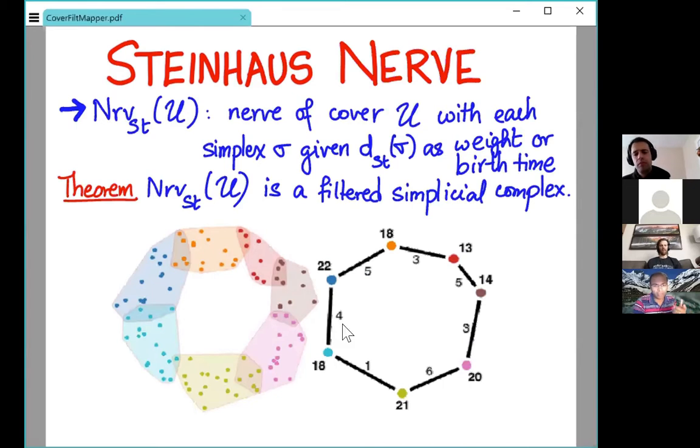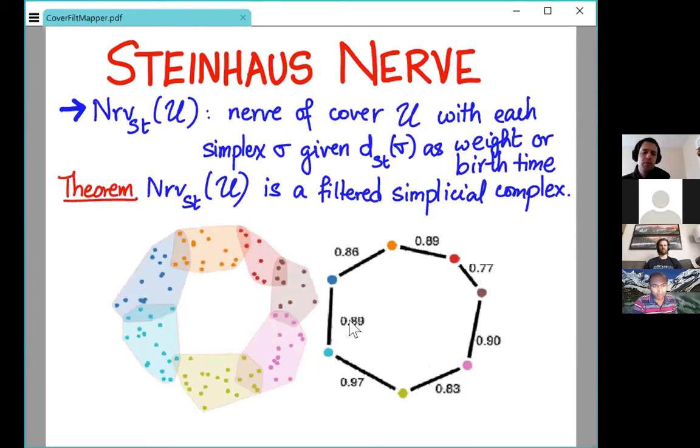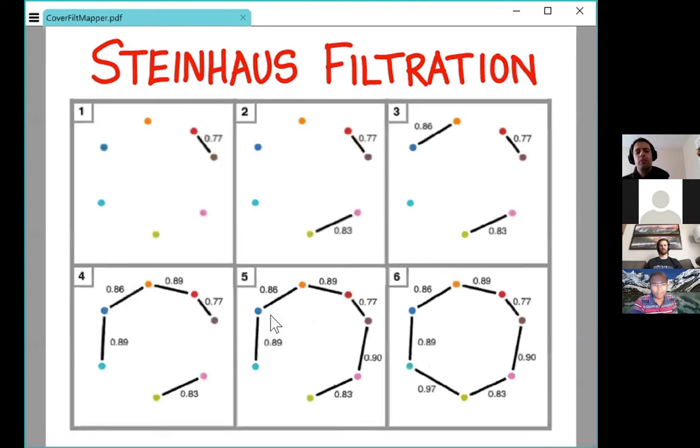So 1 minus 1 over 9, 0.89 and so on. You can do that for all simplices. And then if you use those Steinhaus distances as a parameter and filter over that, we get a filtration. Naturally the edges with small Steinhaus distance appear first and they stay on, and then the rest appear. So we get a filtration.